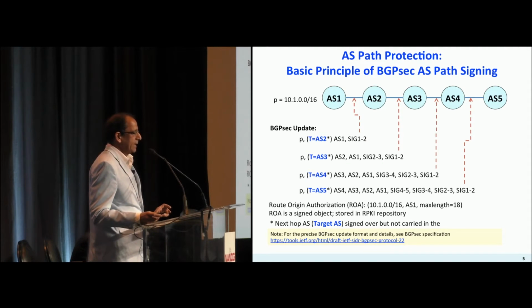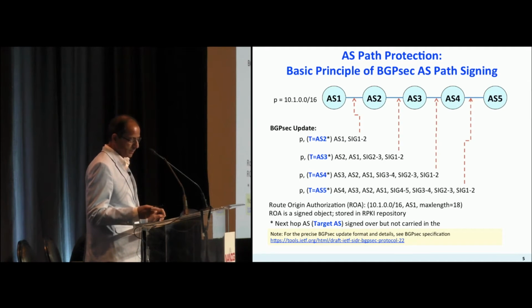Like I said, the signatures cover the prefix and the AS path. So the AS path is protected, the origination is protected. The signature is also addressed to the peer. So the signature includes, in the data that is hashed and signed over, the target AS or the next hop AS. However, the next hop AS is not carried in the BGPsec update.